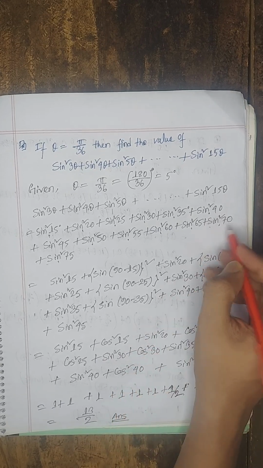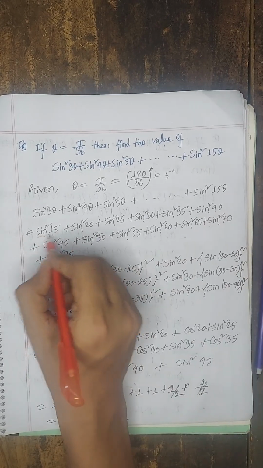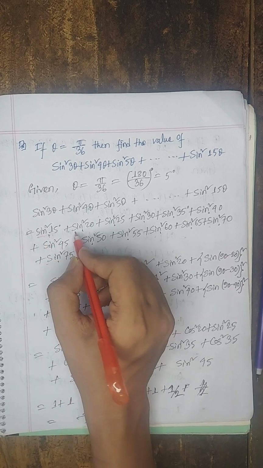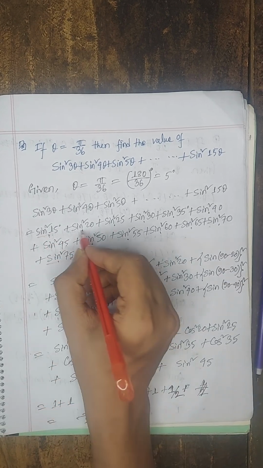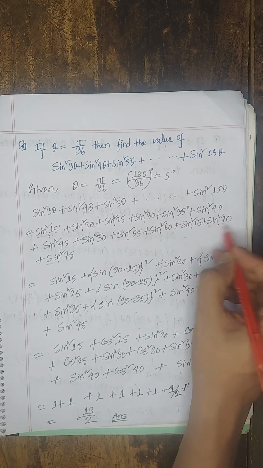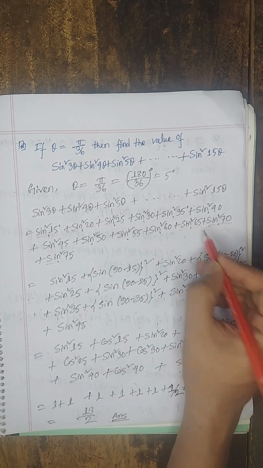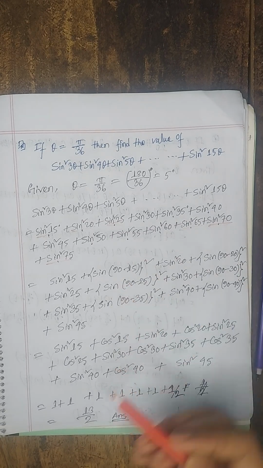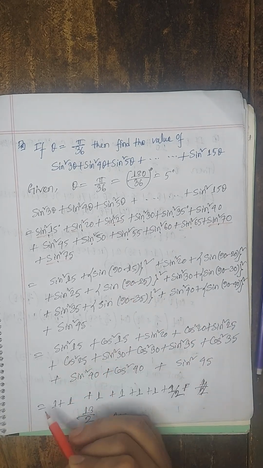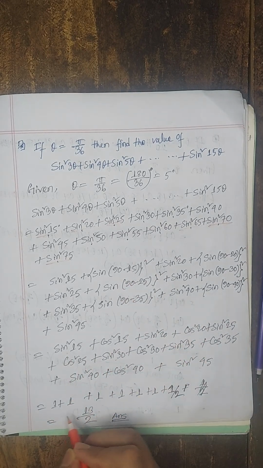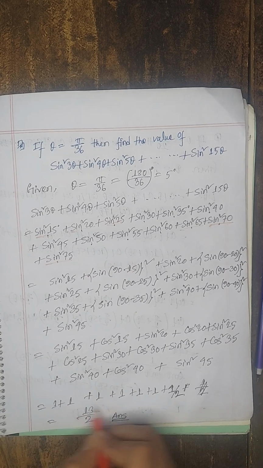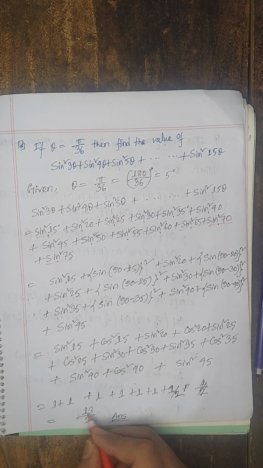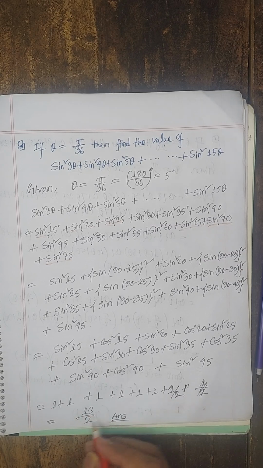Like this, we take one term from the first and one term from the last, and mark them. Thus we get this line, and when we convert this, we get the formula sin square theta plus cos square theta, which is 1. We get six 1s, that is 1, 2, 3, 4, 5, 6, and 1 half. So when we add this, we get 13 by 2.